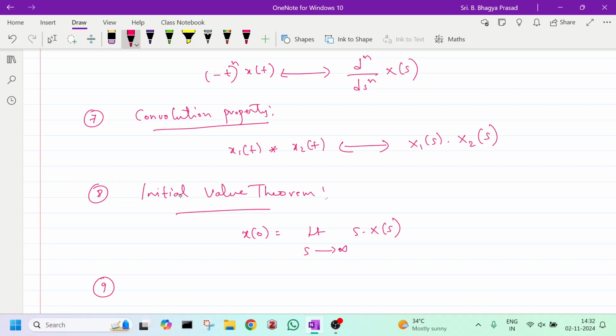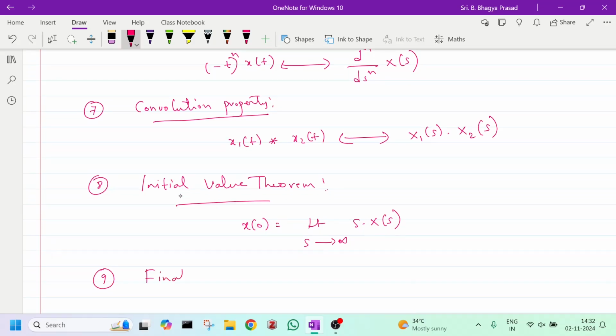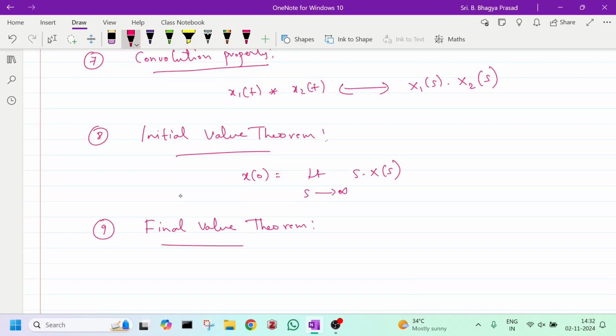The final value theorem: x of infinity, the final value, limit t tends to infinity x of t, is limit s tends to 0 s into x of s. So these are important properties we can use while solving some problems.